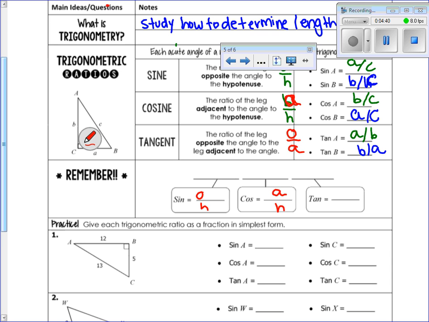The tangent of an angle is the opposite over adjacent. And things I want you to remember: O stands for opposite, A stands for adjacent, H stands for hypotenuse.